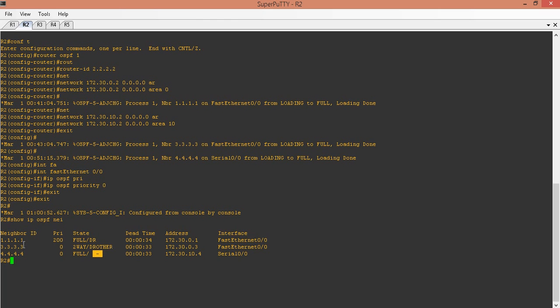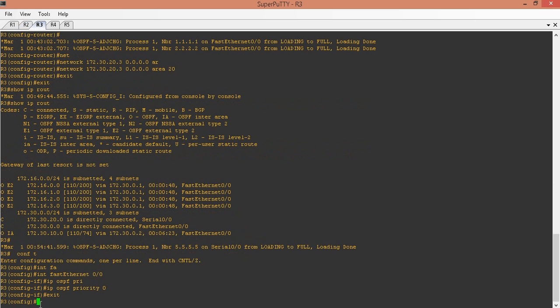But router 3 is two-way, and it's DROther. It's neither a designated nor a backup designated router. It's DROther, and the state is two-way. And with router 1, the neighbor relationship is full, and router 1 is still the designated router.